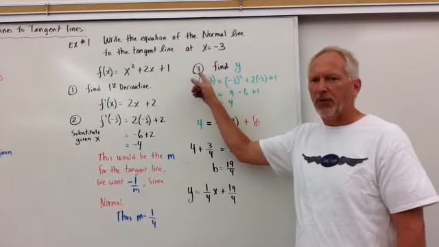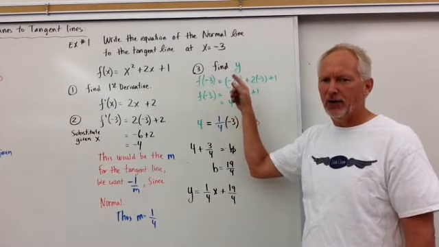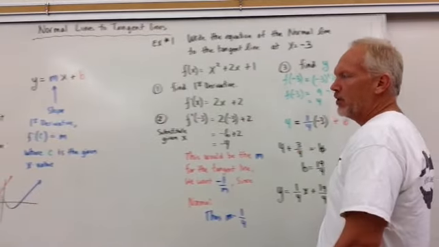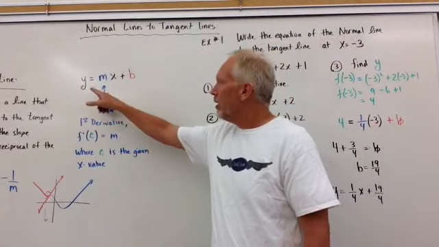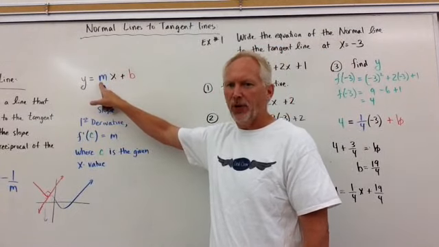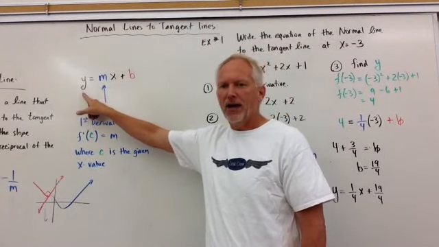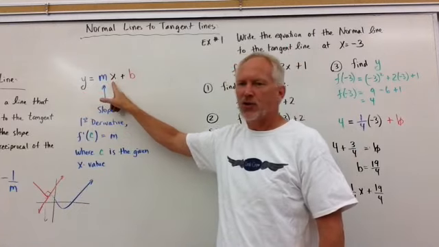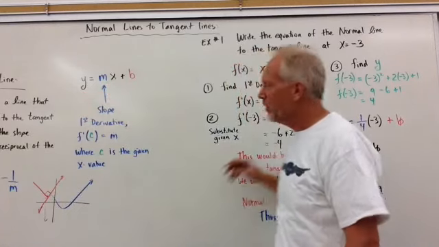Going along. Step 3, now we have to find the y value. Because in y equals mx plus b, your slope-intercept form, we'll get the m from the first derivative, the y is from the function, and the x is normally given at some point. Okay?